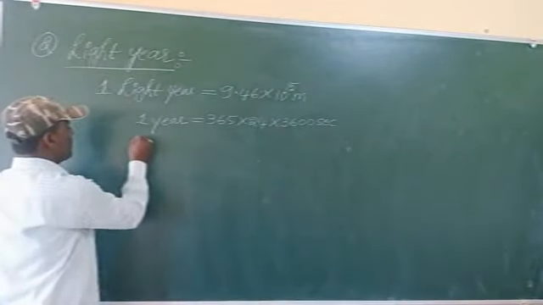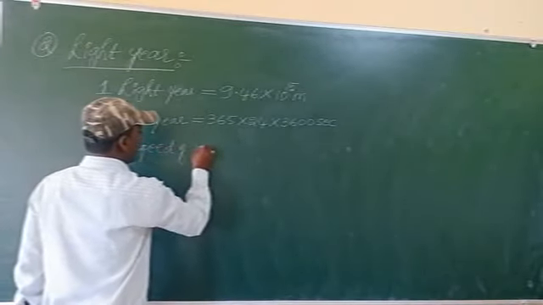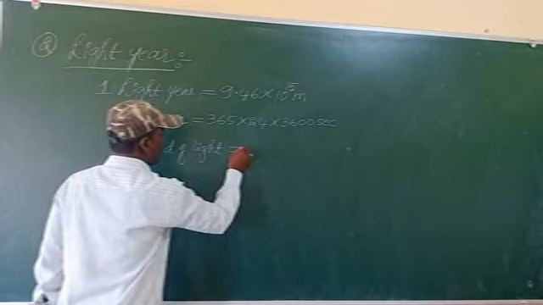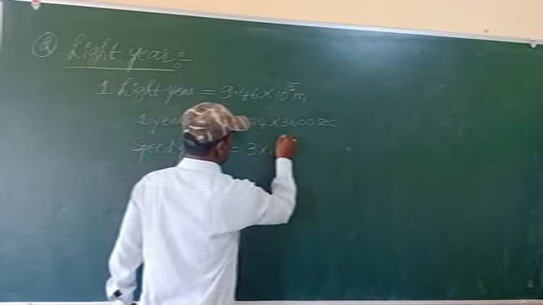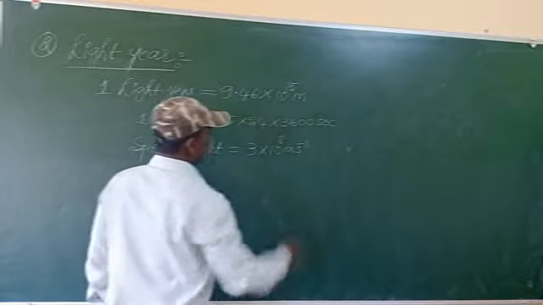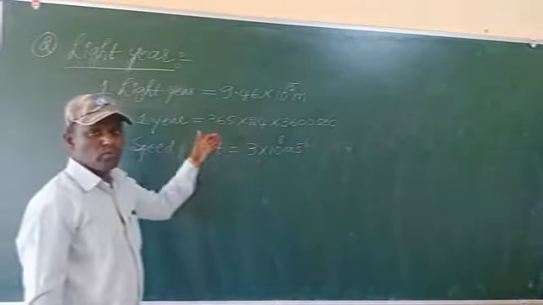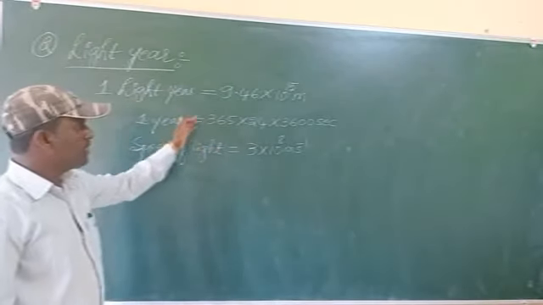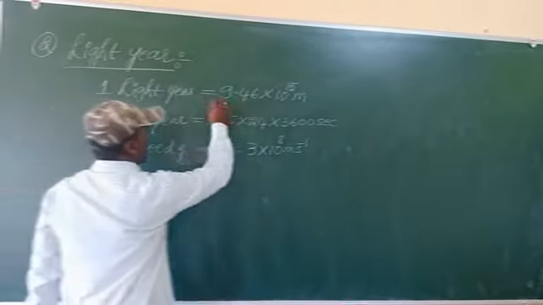Speed of light equals 3 into 10 to the power of 8 meter per second. When you multiply these two, you will get the value 9.46 into 10 to the power of 15 meters.